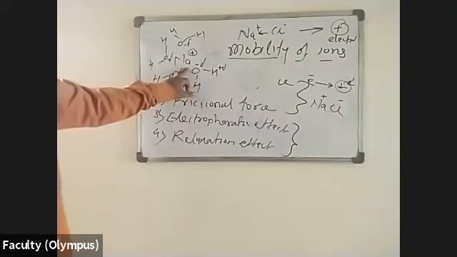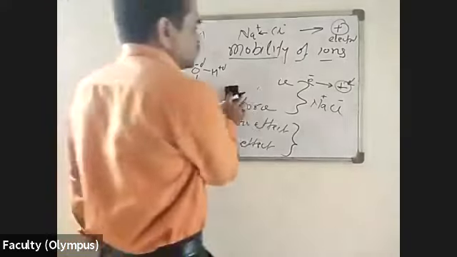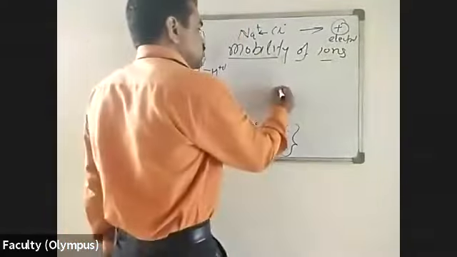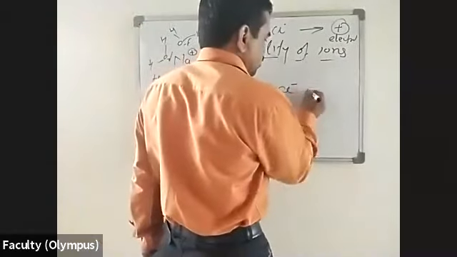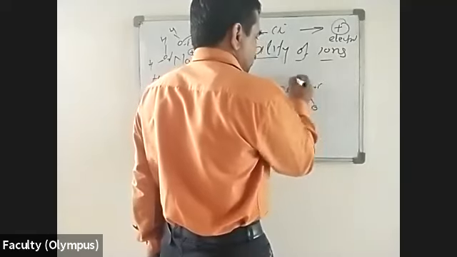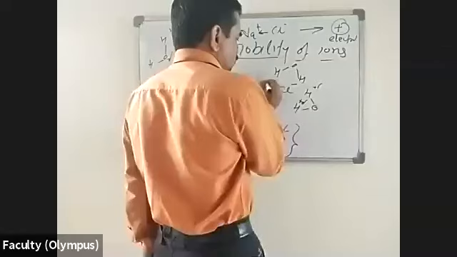Same is with chlorides. These chloride ions are surrounded by water molecules, and because of this, they minimize. Suppose this is Cl minus, with delta plus, delta plus. This is surrounded by the water molecules like this.